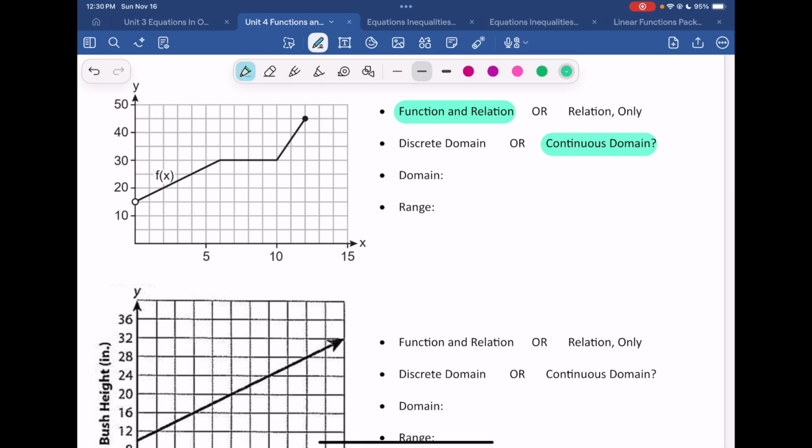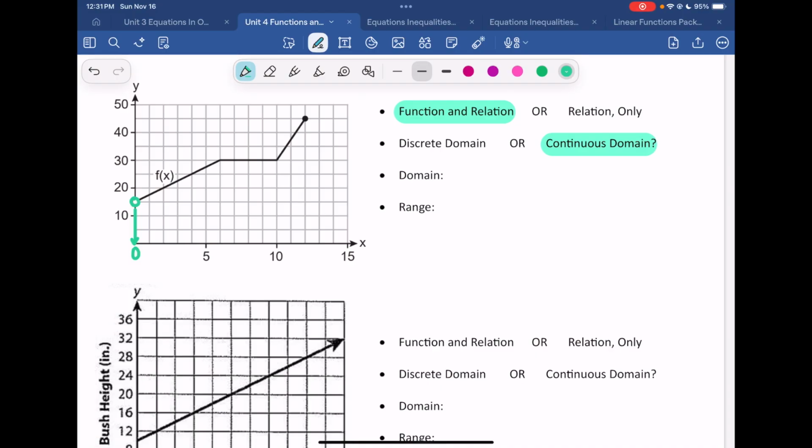So we're going to start with the domain. We're going to go as far to the left as possible. Well, the furthest point to the left is right here. Be careful, you're not using the 15. The 15 is the y value of the point. So trace it down to the x-axis. Okay, so the smallest x value is 0.